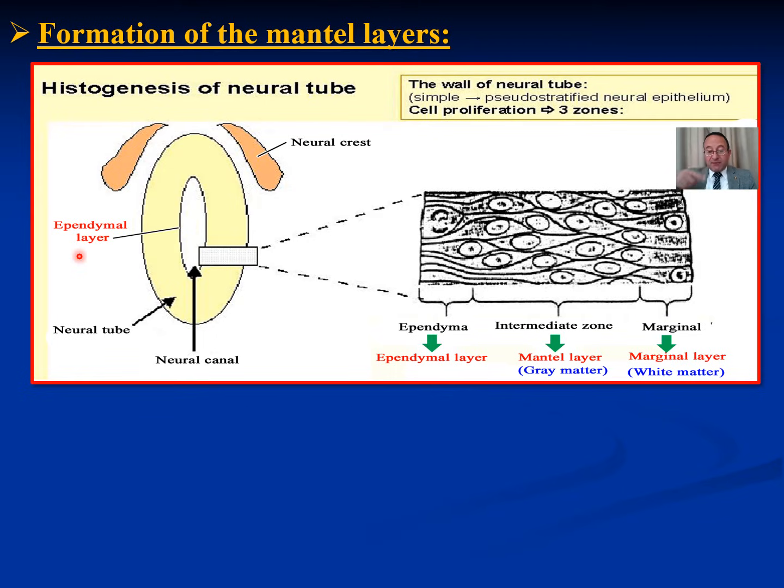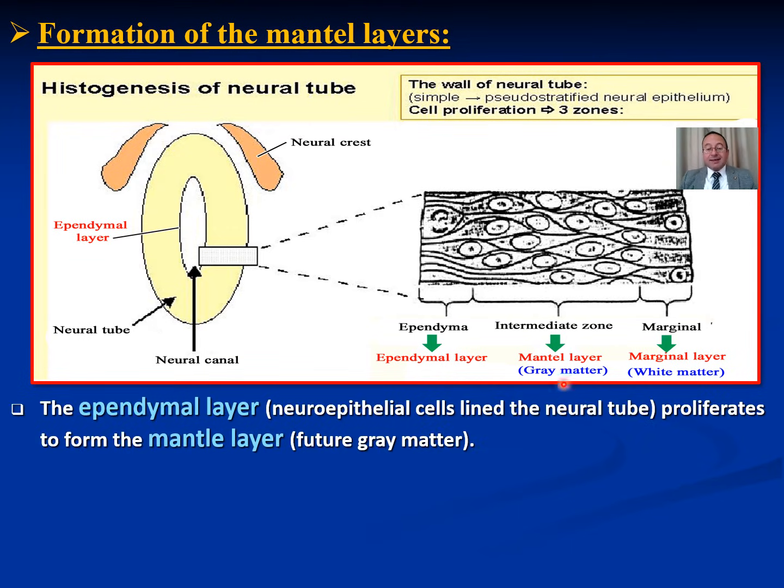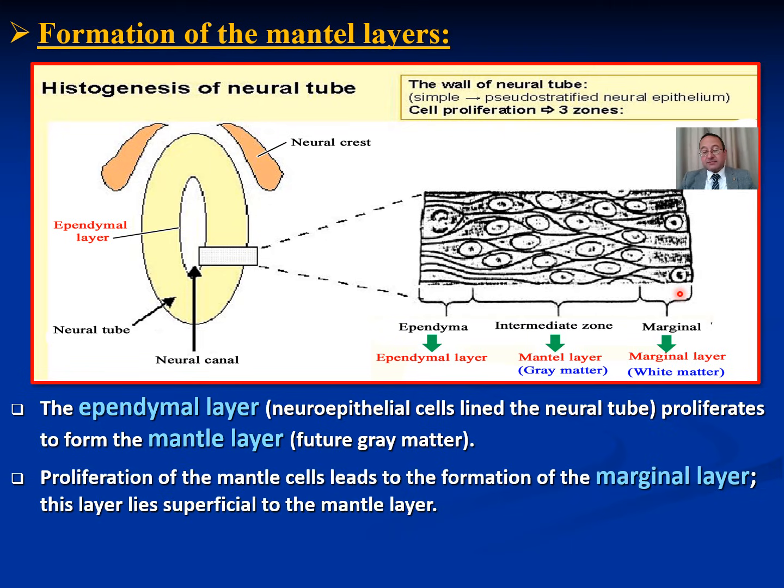This layer proliferates, forming an outer zone outside it, which is called mantle cell layer. So, the mantle cell layer forms an intermediate zone, and it will form the future gray matter. What else? Proliferation of the cells of the mantle cell layer will form another layer, which will be the outermost at the margins of the neural tube. That's why it is called marginal cell layer.